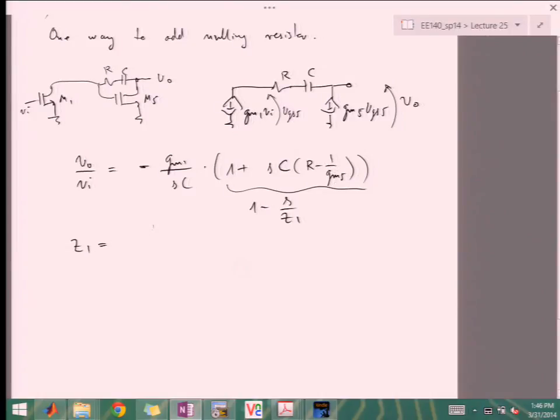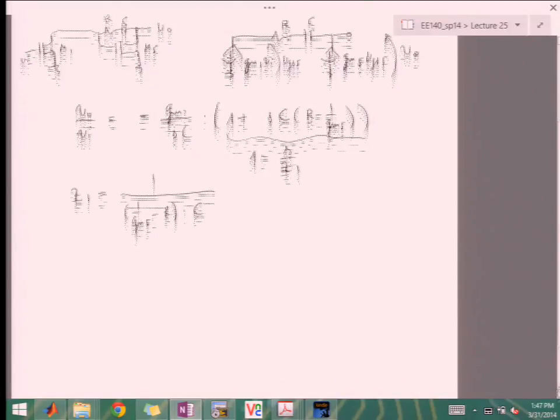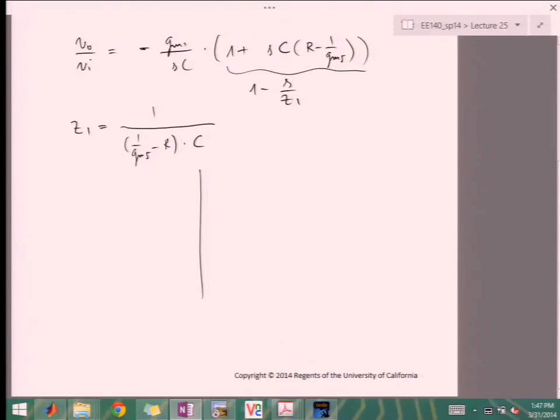So I'll write that 0 is now 1 over GM5 minus R times C. And now, if I pick the right R, I can go through a range of different scenarios, right? I can completely cancel that 0, or I can actually move it from right half plane into the left half plane as well.